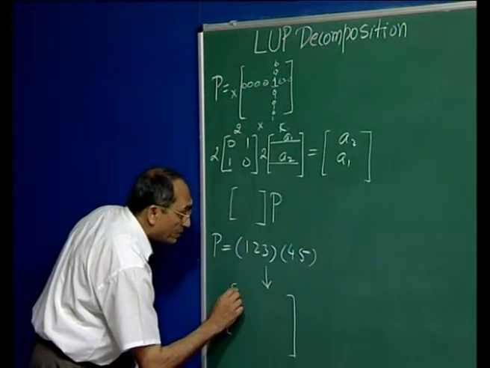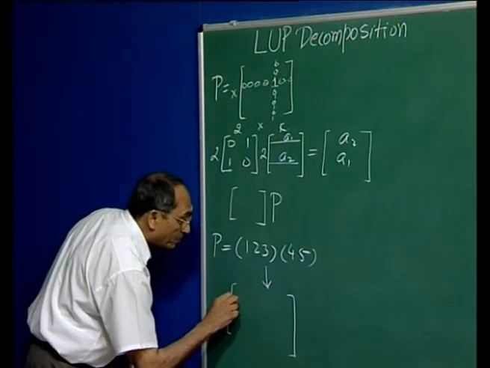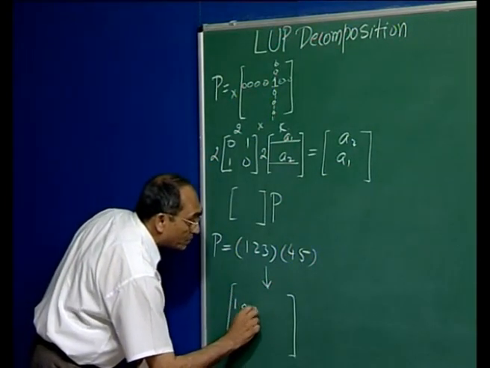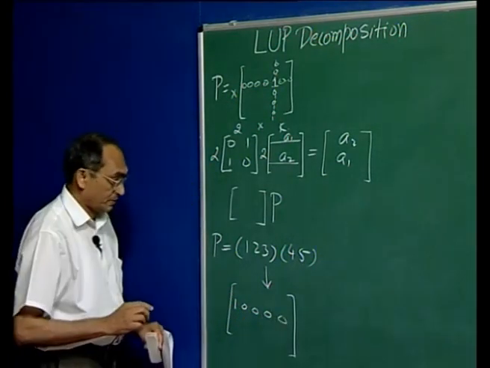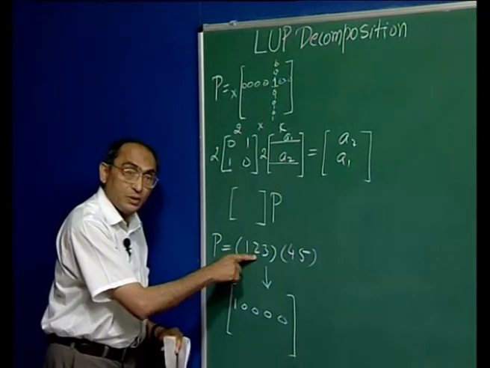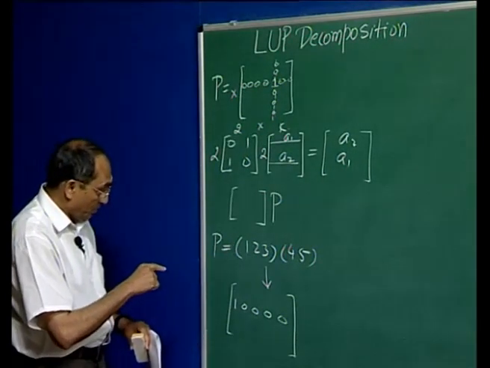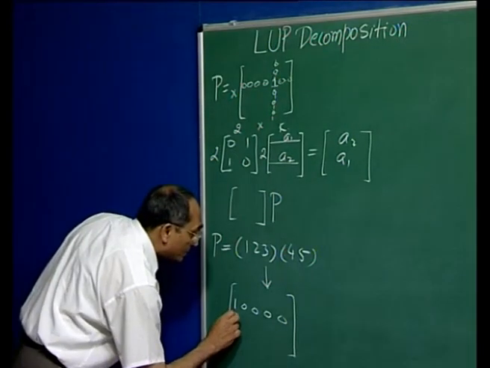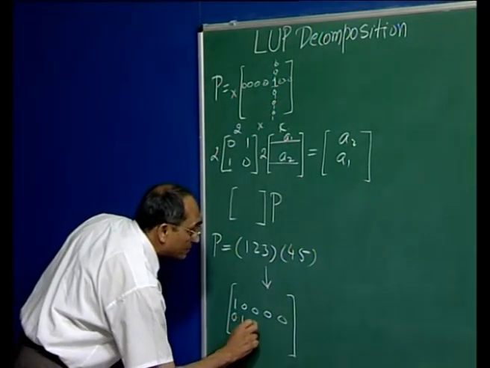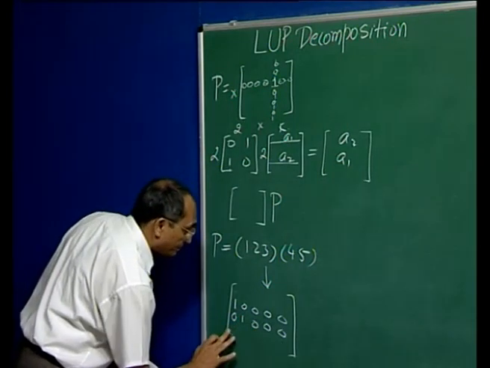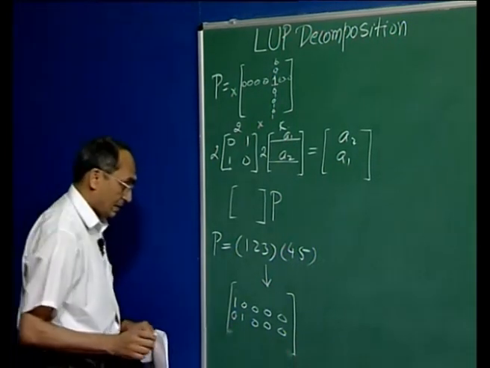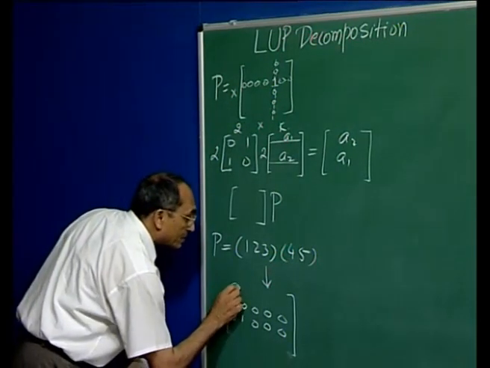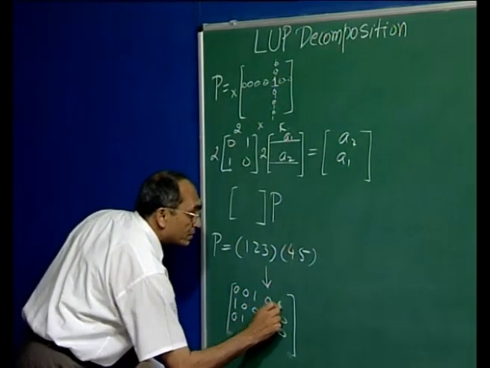To do that, we put 1 in the second place: 0 1 0 0 0. The second row must go to third place, so this will be 0 0 1 0 0, and the third row should go to the first position, so it will be 1 0 0 0 0.